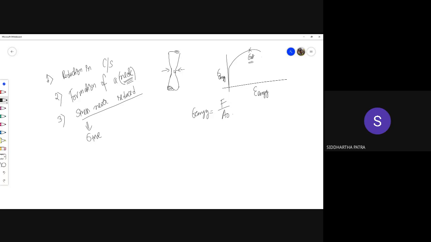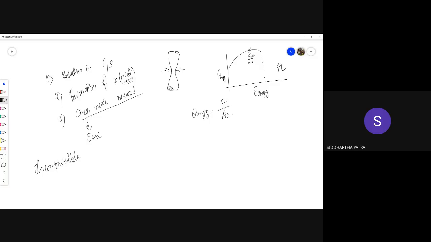And why does the material do so? You see, in this entire stress strain diagram, the majority of the deformation is plastic deformation. And in plastic deformation, it is volumetric, so the plastic deformation is so-called incompressible.